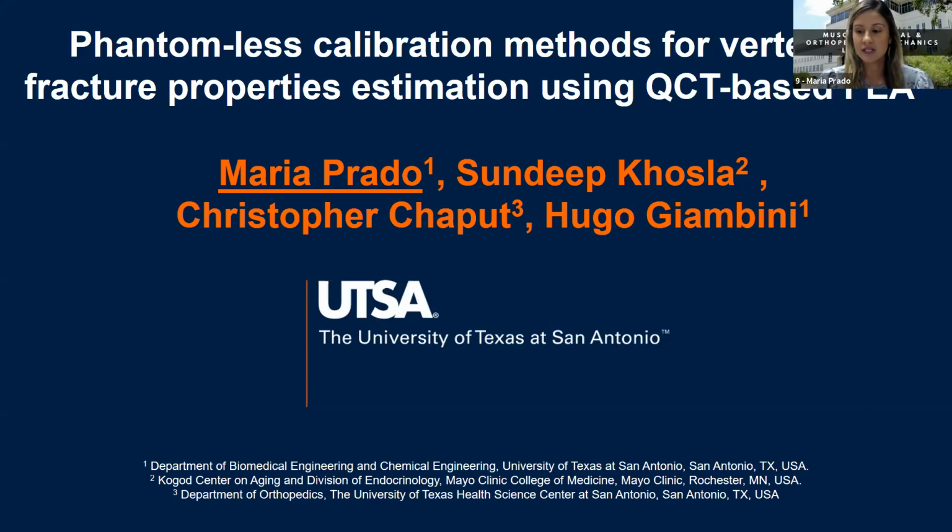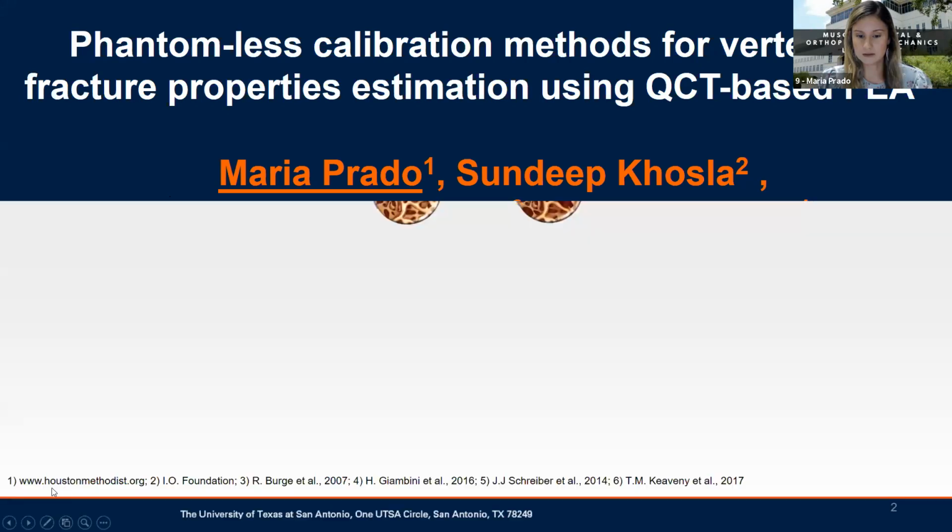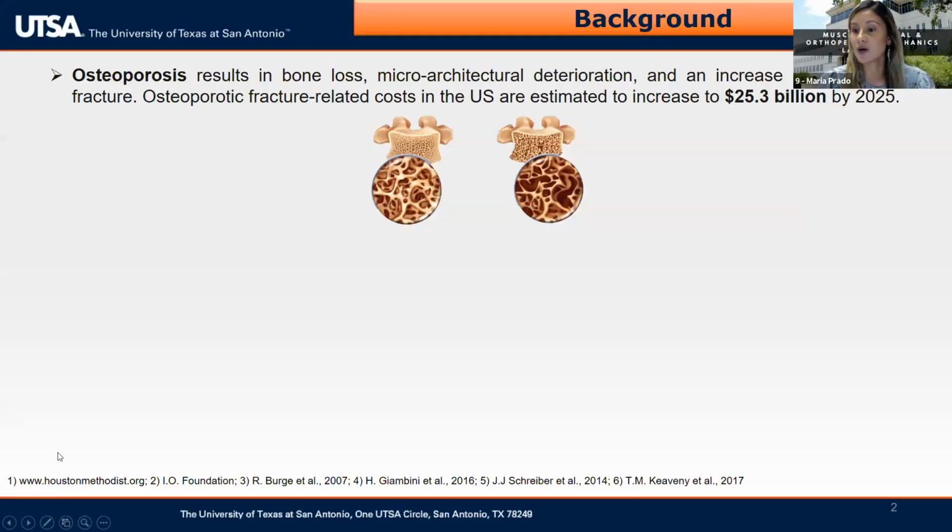Yes, my name is Maria Prado. I'm part of the University of Texas at San Antonio, and today I'm presenting the study of phantomless calibration methods for vertebral fracture properties estimation using QCT-based FEA. Osteoporosis results in bone loss and an increase in the risk of fracture.